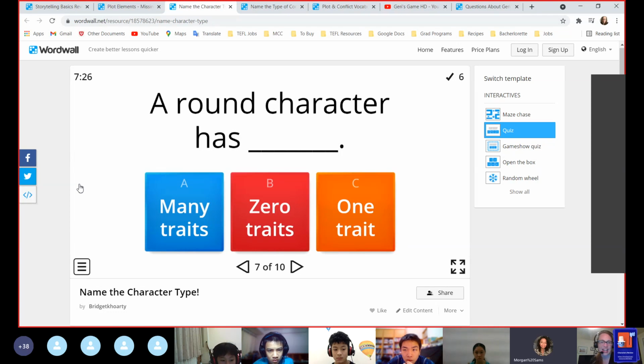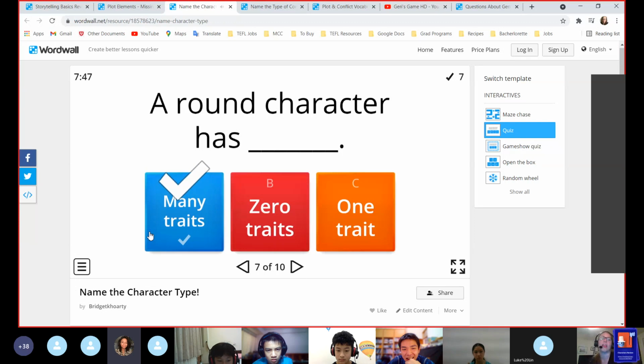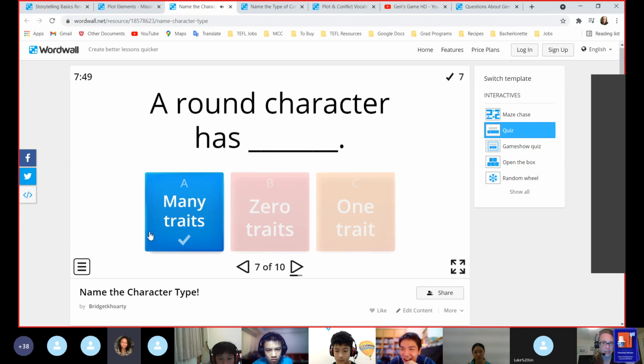All right. Raise your hand if you say 0 traits. No. Does anyone say 1 trait? Ray. All right. So the majority said many, so we're going to click this one. Whoever said many would be correct.